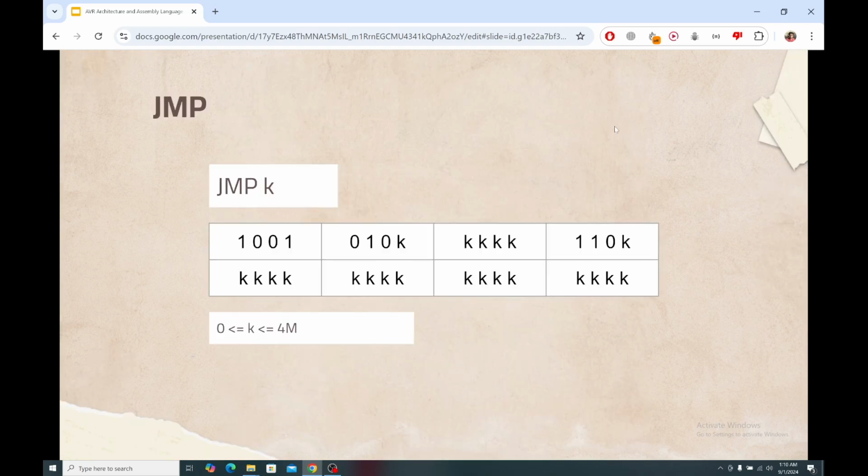So the next instruction is the jump instruction. It's also called unconditional jump. The K operand here represents a tag which indicates a specific part of the code base.